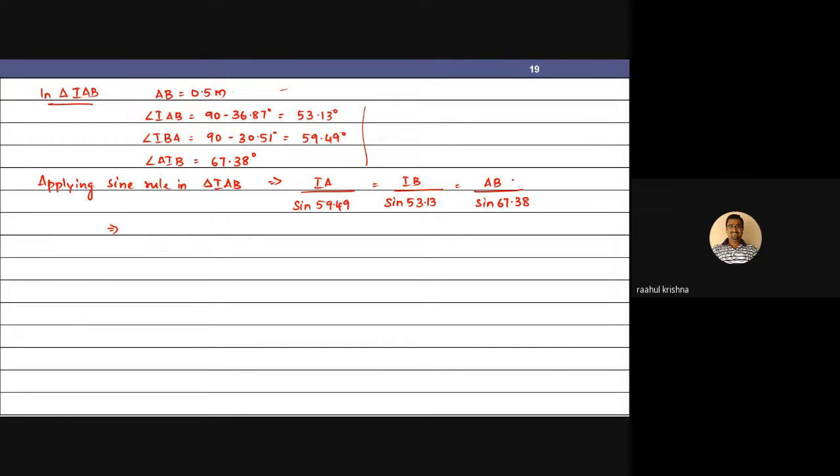So what is the value of AB? It equals 0.5, right? So IA equals 0.5 into sine 59.49 divided by sine 67.38.